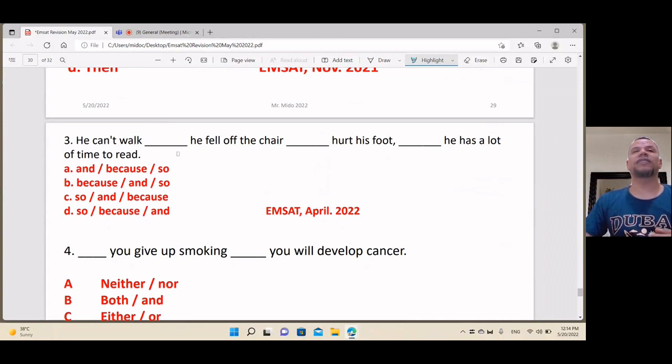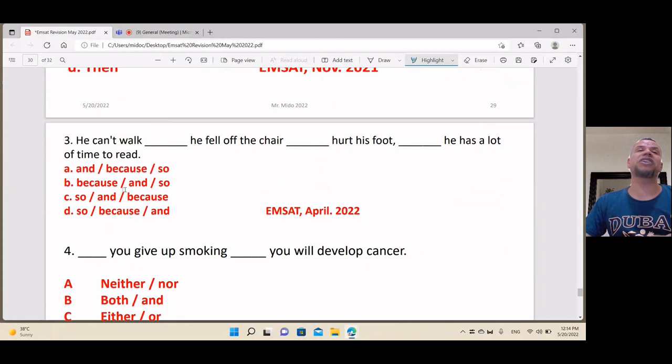He can't walk. He fell off the chair, hurt his foot. He has a lot of time to read. I have a lot here. For example, he can't walk, he fell off the chair. So he fell off the chair, so he can't walk.